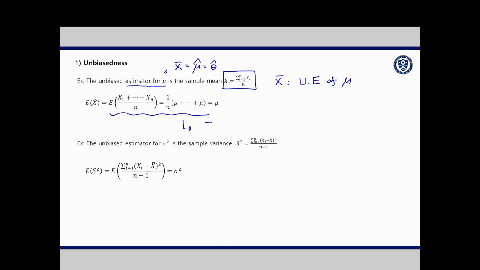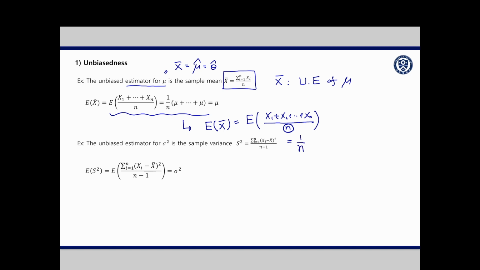The expected value of x bar equals the expected value of x1 plus x2 and so on, divided by n. Small n means the sample size, which we can consider a constant.